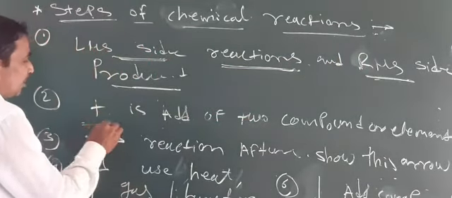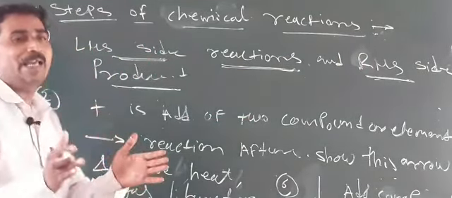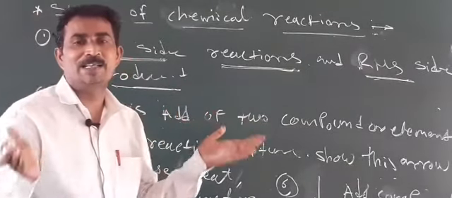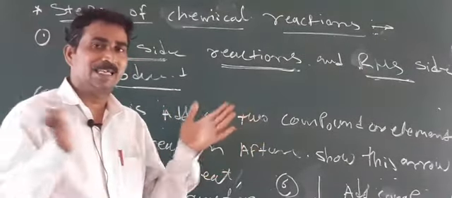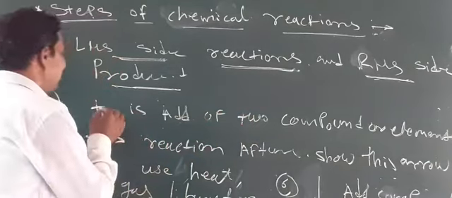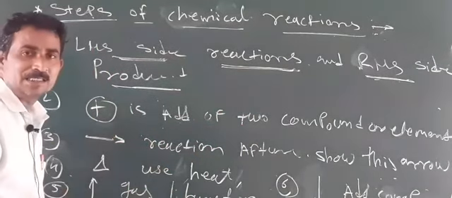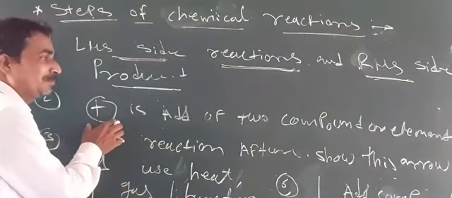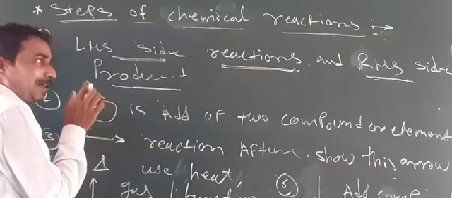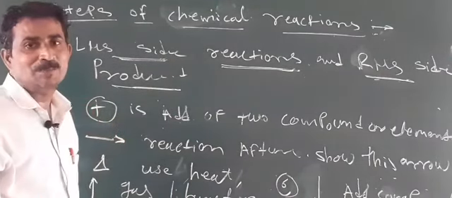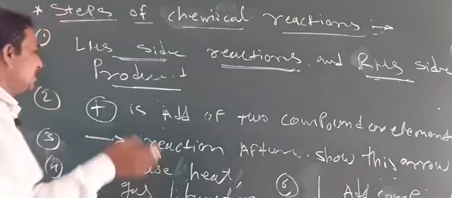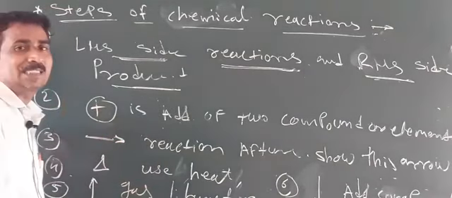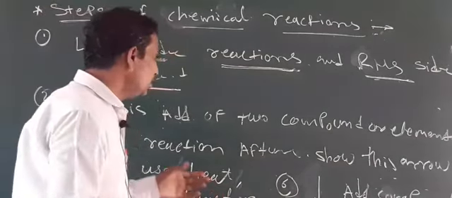This is the plus symbol. If there are two elements, or one compound and one element, in the reactants, then the plus symbol is used in the middle. Sometimes we can use it in products also, and sometimes in reactants.